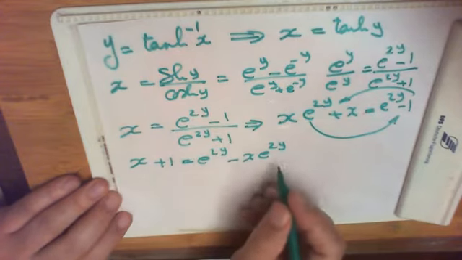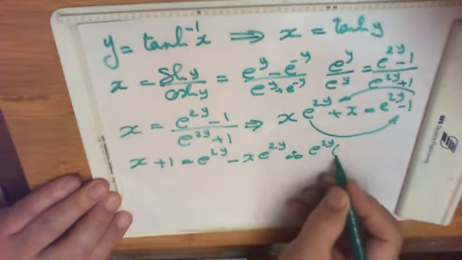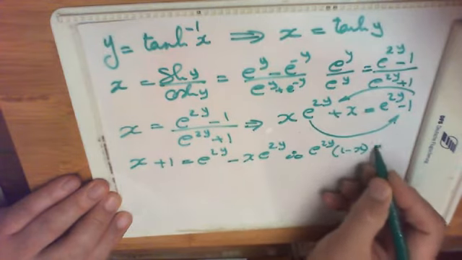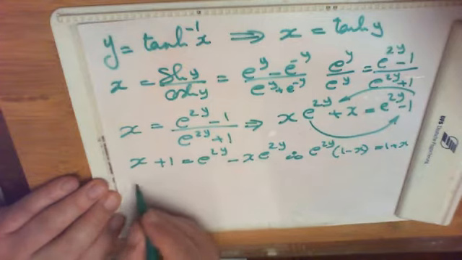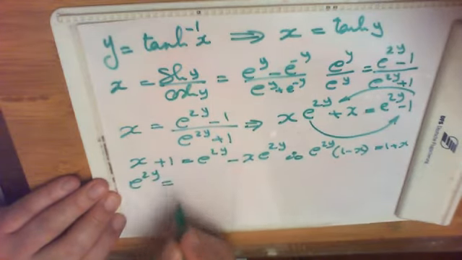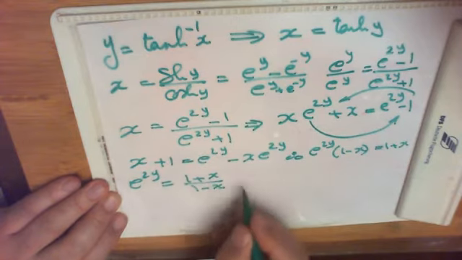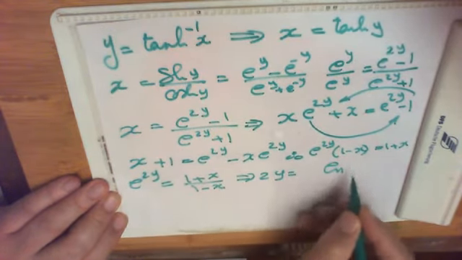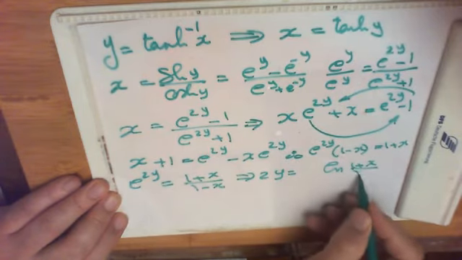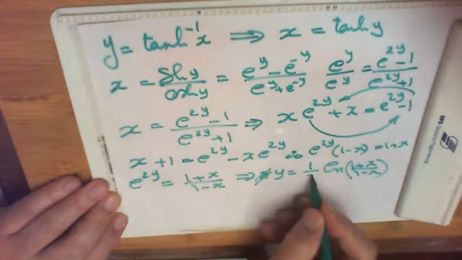Take e to 2y as a common factor. Therefore, e to 2y times (1 minus x) equals 1 plus x. So finally, e to 2y equals (1 plus x) divided by (1 minus x). Therefore, 2y equals ln of (1 plus x) divided by (1 minus x), or y equals half of that.